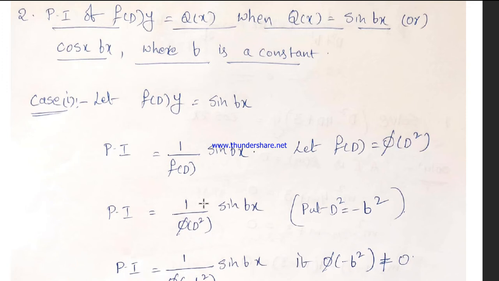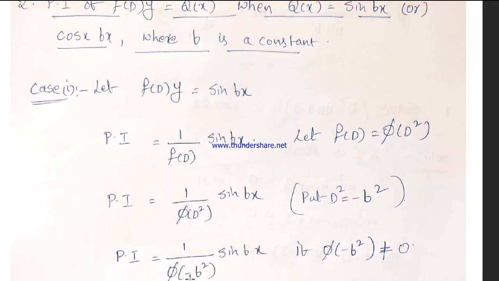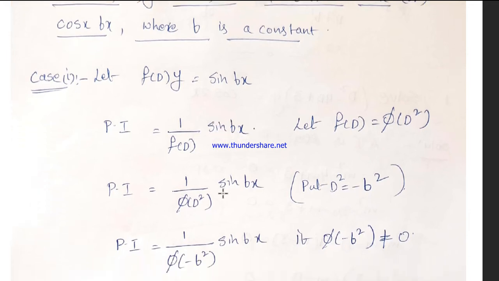So the particular integral is equal to 1 by phi of D square sin bx, and put D square is equal to minus b square. So we get the particular integral for Q of x equal to sin bx as 1 by phi of minus b square sin bx, if phi of minus b square is not equal to 0.